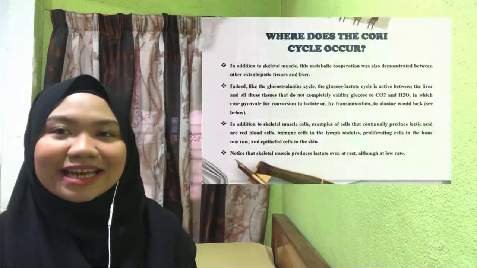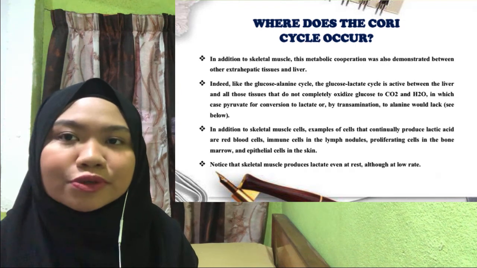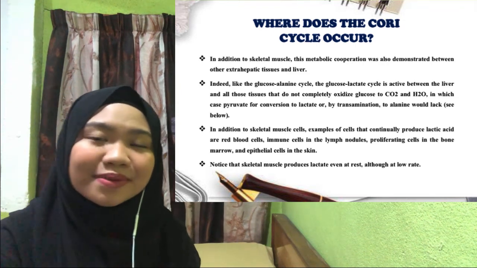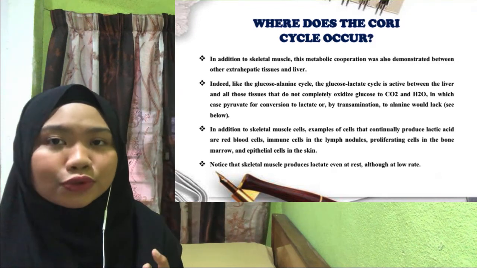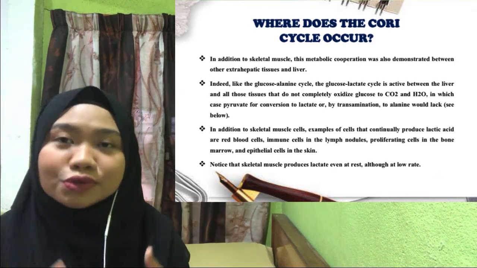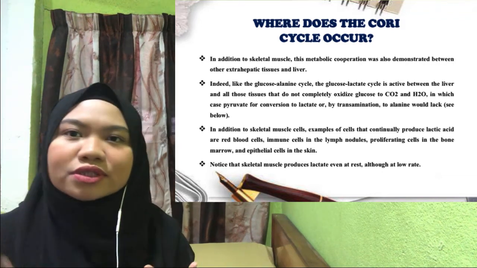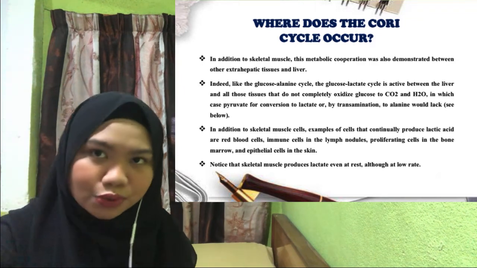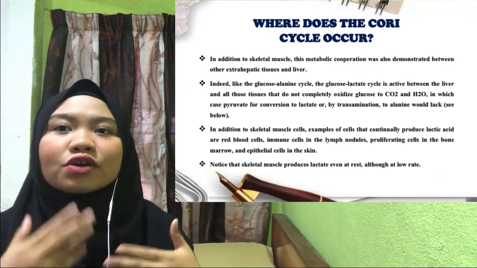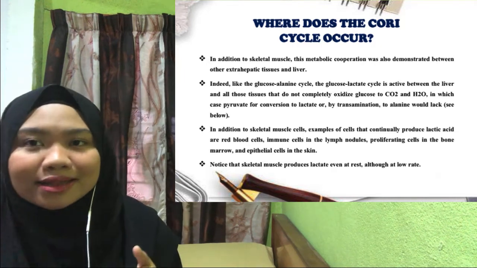Where does the Cori cycle occur? In addition to skeletal muscles, this metabolic cooperation was also demonstrated between other extrahepatic tissues and the liver. Indeed, like the glucose-alanine cycle, the glucose-lactate cycle is active between the liver and all those tissues that do not completely oxidize glucose to CO2 and H2O, in which case pyruvate conversion to lactate or transformation to alanine would be lacking.